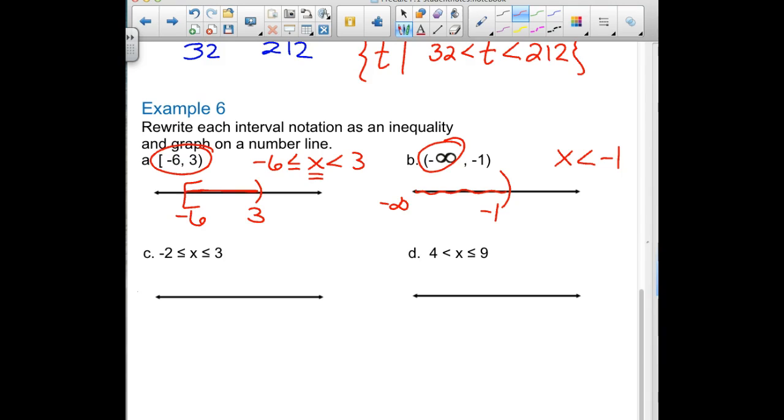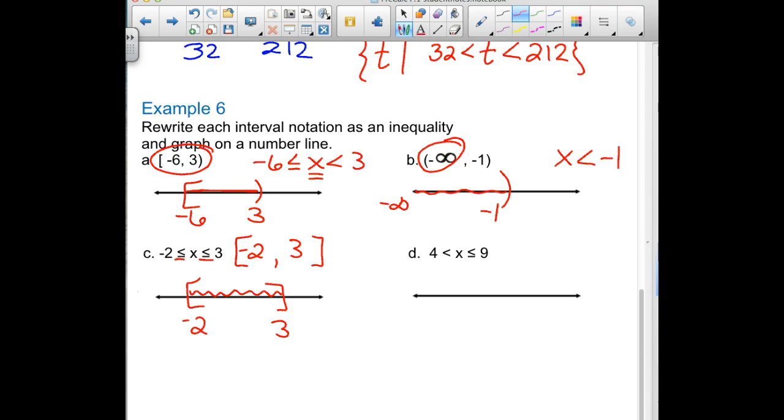Okay, for C and D, we're going to go the opposite. I've given you the inequality statement. I want you to put it in interval notation. Since both of these have equal signs here, we would use squared off brackets, and we just bring our numbers over in that same order. We want everything from -2 to 3, and the same thing with our number line.